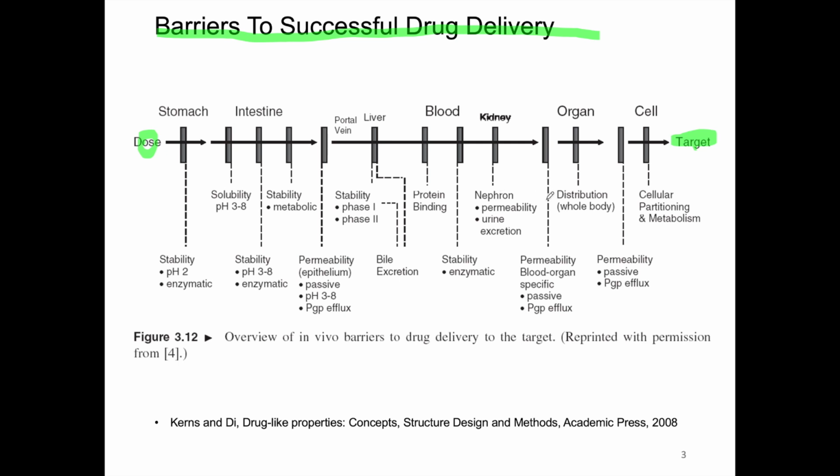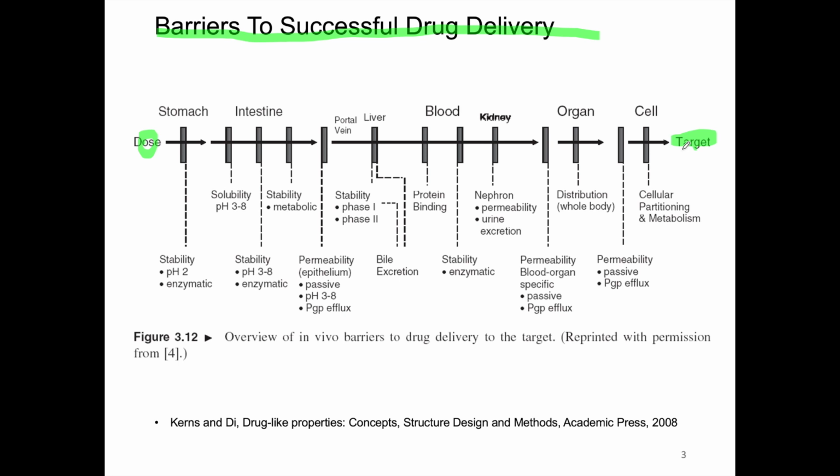Then they can be delivered through the barriers to the appropriate organ, distributed throughout the body, and then typically through passive diffusion absorb into the site of action, and they get from the cell to the particular target. And there are many barriers, and this is something that you're well aware of.